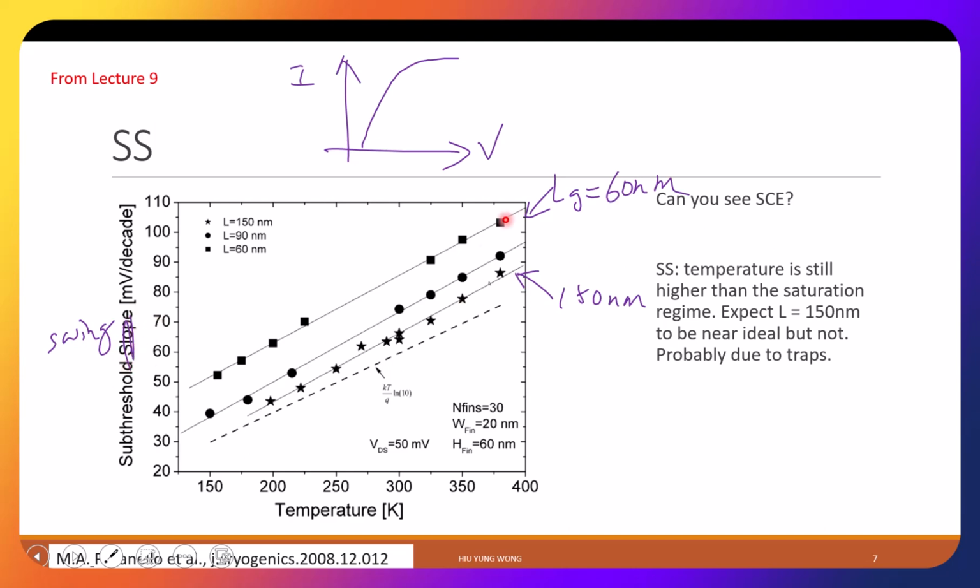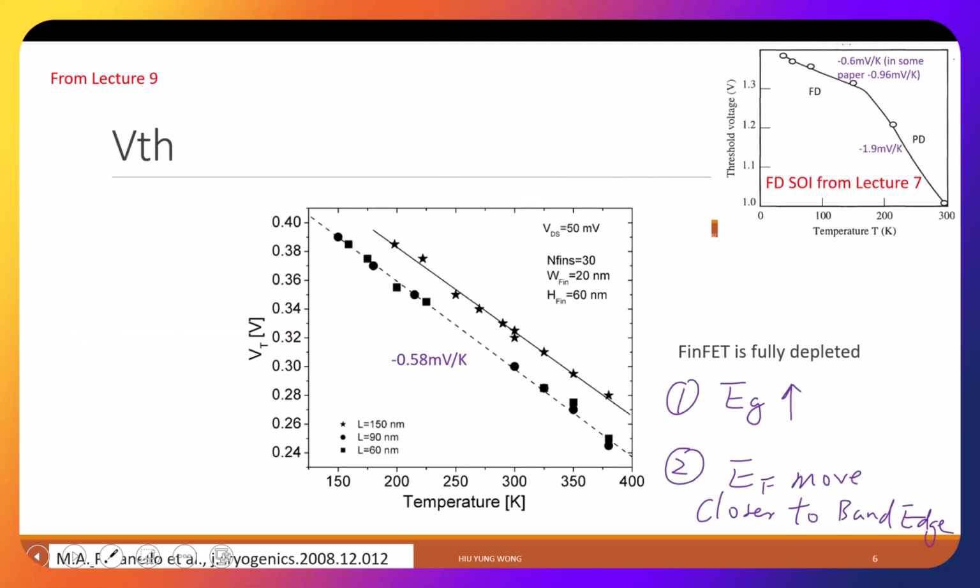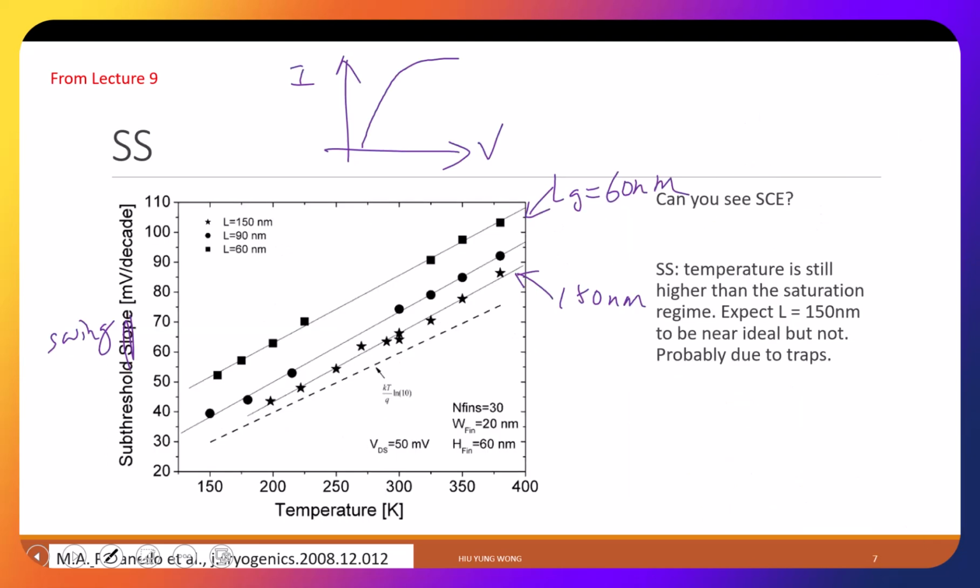Okay, now, why is it improved when we increase the channel length? Do you remember the N factor, that's a function of capacitance? He is talking about the subthreshold swing equals kT over q times ln 10 times N, right? Where N is 1 plus C depletion divided by C ox.